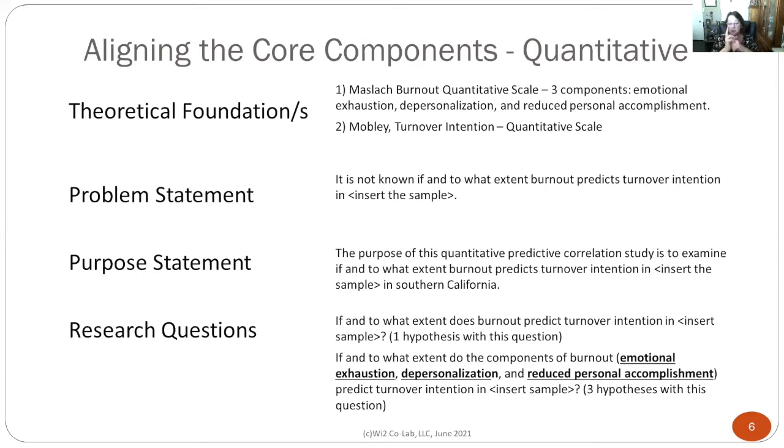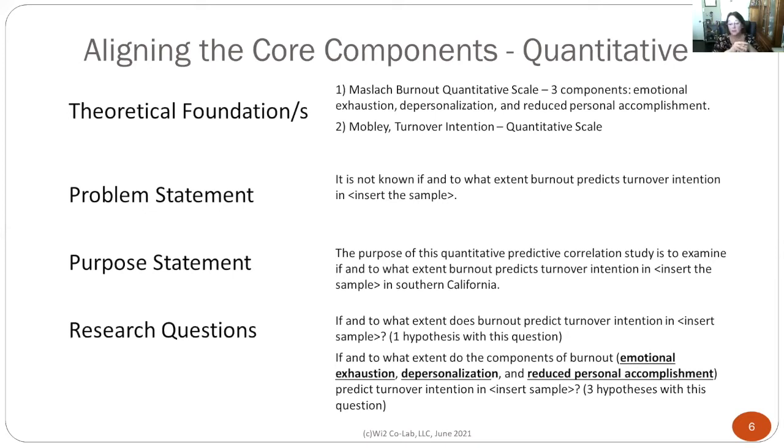In this case, I made 2 research questions. I could have made 1, 2, 3, 4 research questions. So if and to what extent does burnout, because burnout comes to a total sum score, predict turnover intention? That's our first one. If neither come to a sum score, you wouldn't have this question. So you're going to have to work really closely with your chair or your residency instructor or whoever you're working with to determine what are the instruments saying, so I know how to set this up.